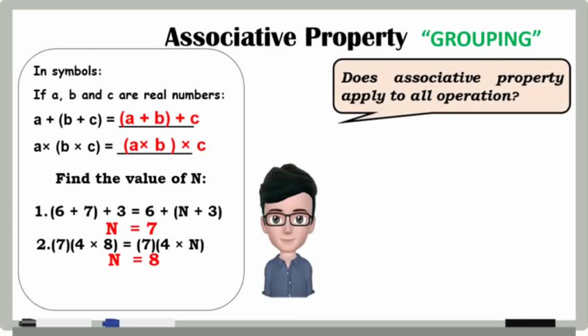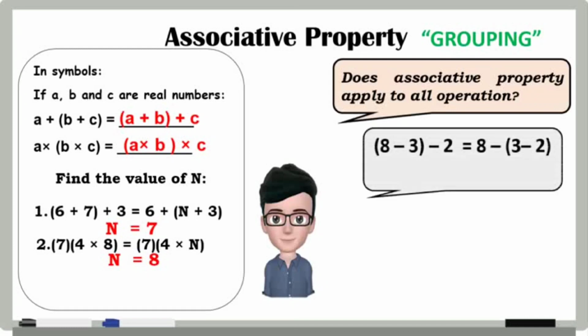Now, just like in commutative property, do you think associative property can be applied to all operation, specifically to subtraction and division? So let us see. Let's have this example. The quantity 8 minus 3 minus 2, is it equal to 8 minus the quantity 3 minus 2?